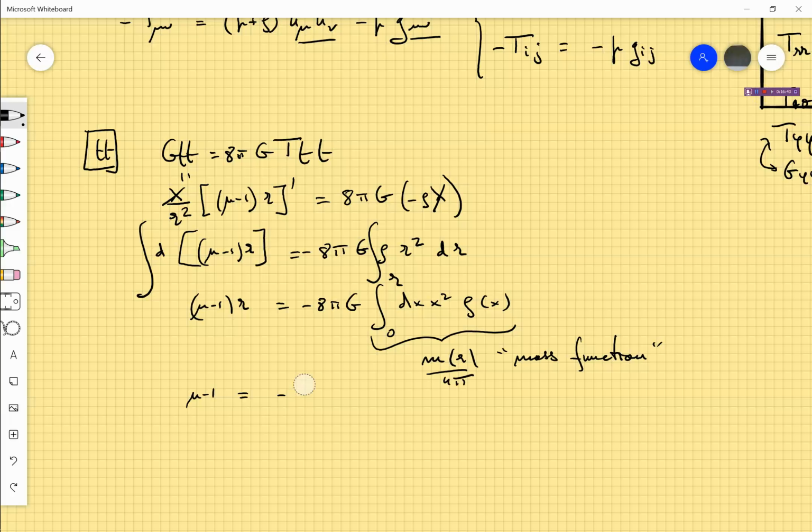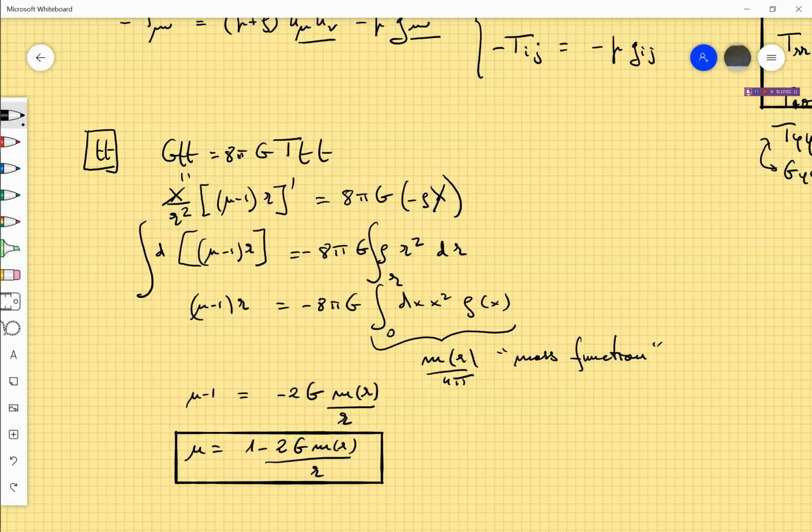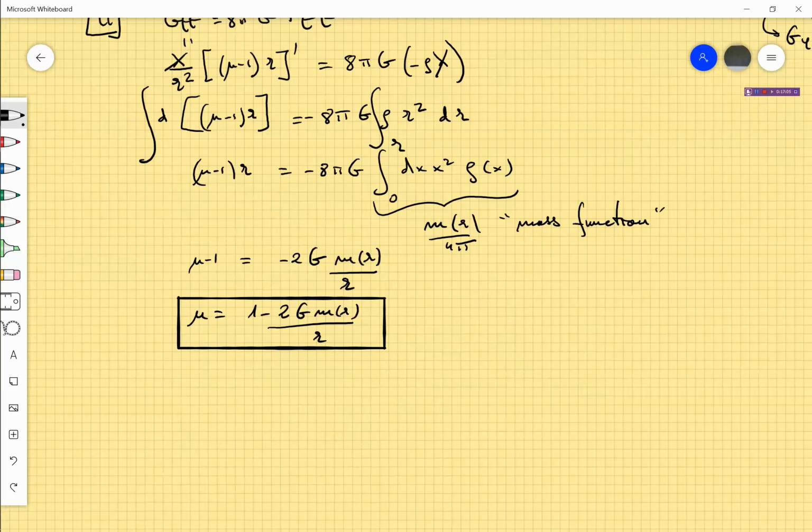Sorry about this. Divided by r, and then mu is equal to 1 minus 2 G m(r) divided by r. You would probably say that you don't know what rho of x is because you haven't determined it, so you cannot perform the integral. You are right.